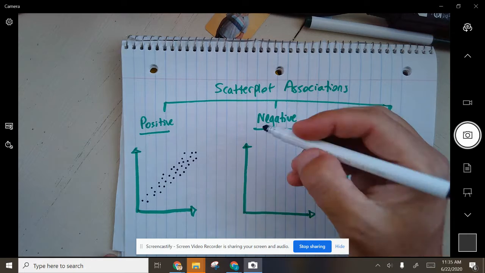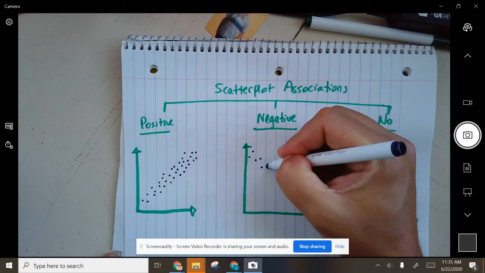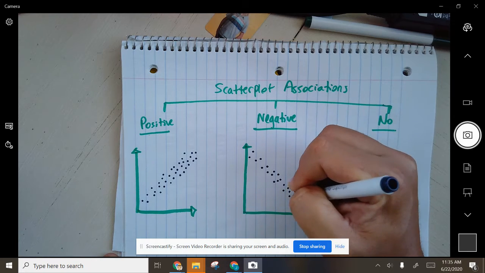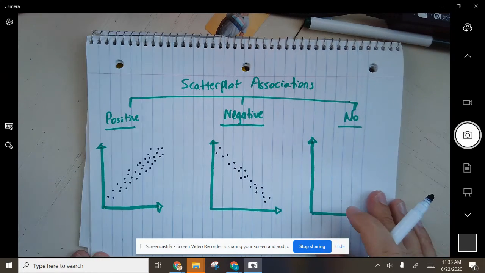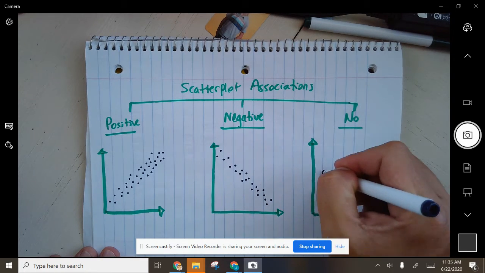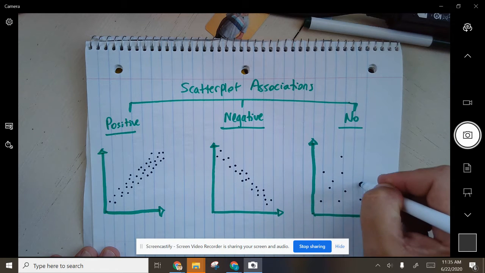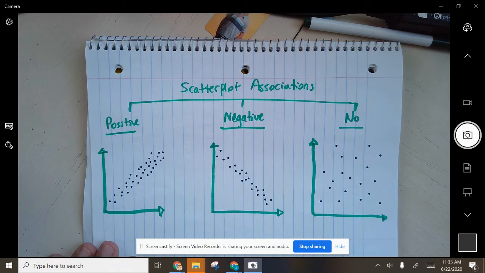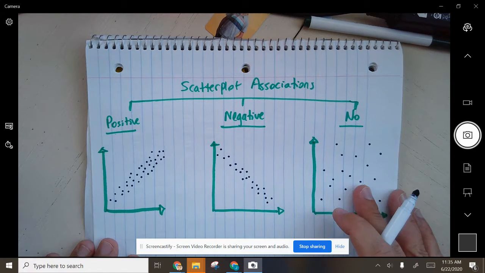That's going up. Not too difficult. This one's going down. And then this one, all over the place. Okay.